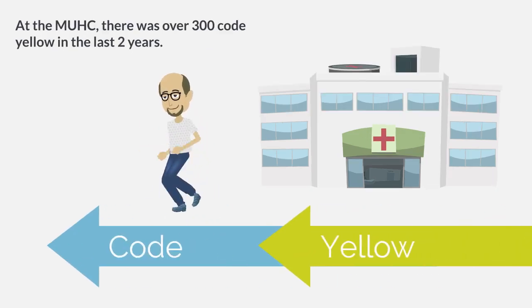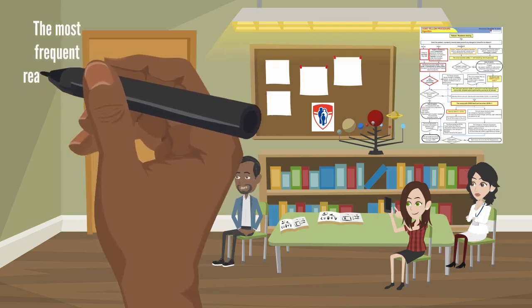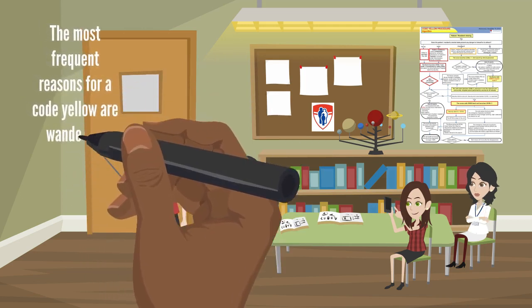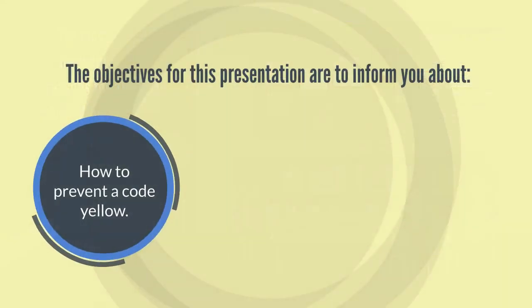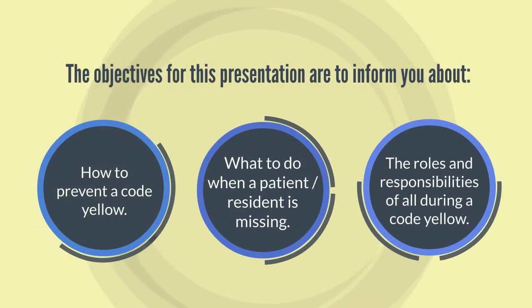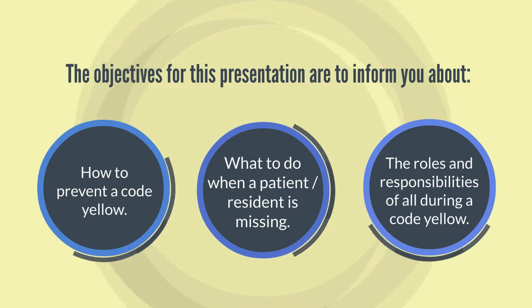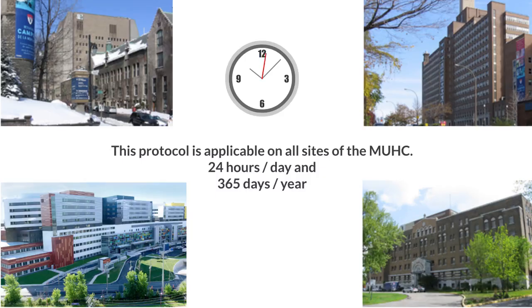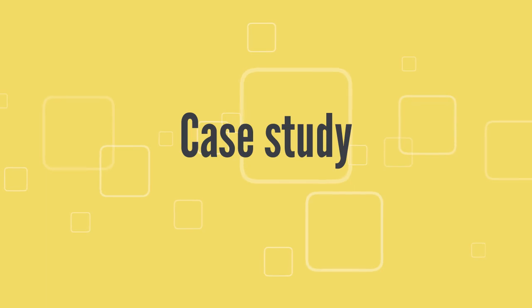We all have a role to play in preventing and reducing the number of code yellows that occur within our institution. Let's talk about prevention using a clinical case study.